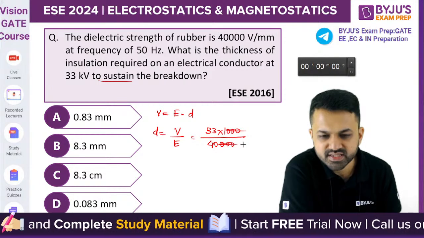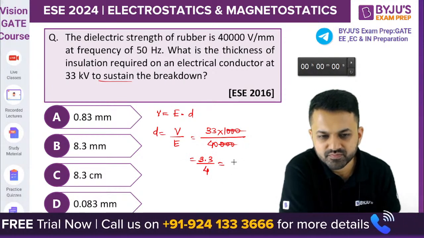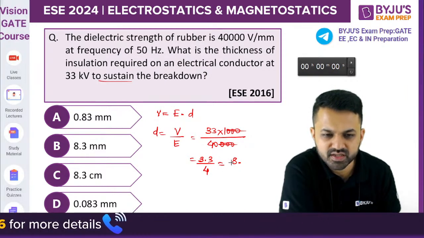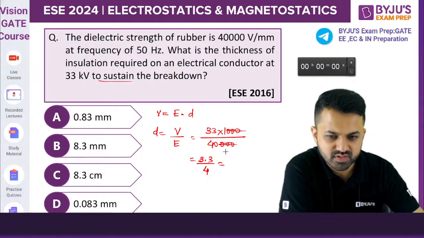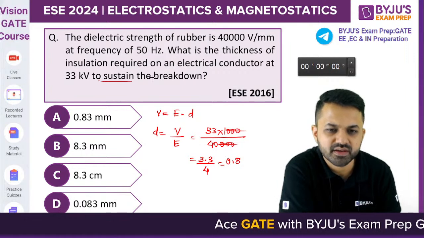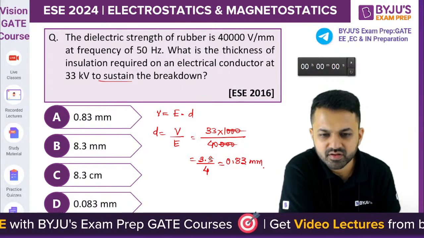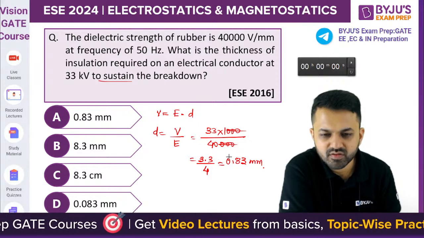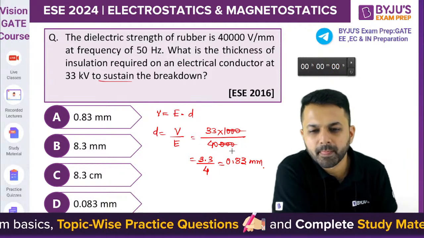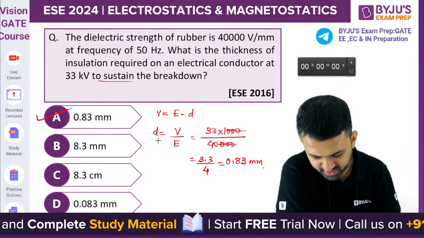The zeros cancel and you get 3.3 upon 4, so it is approximately 0.83 millimeter. Answer is option A.